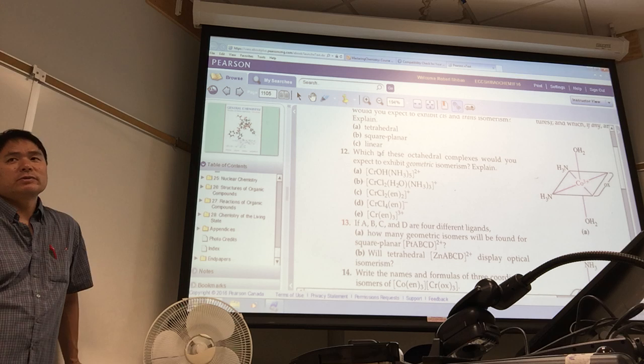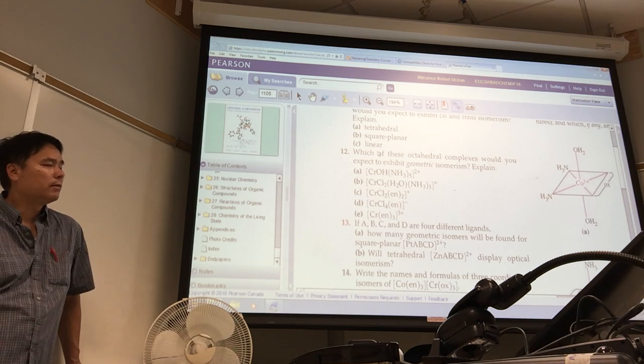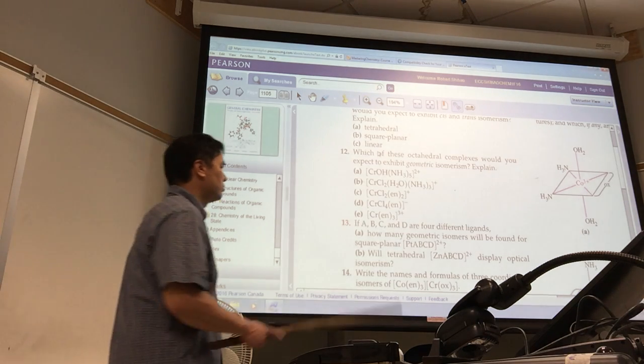Ethylene diamine is not bis because we only have one. So tetrachloro, ethylene diamine, chromate. Tetrachloroethylene diamine chromate, Roman numeral 3. It's a plus 2 charge.